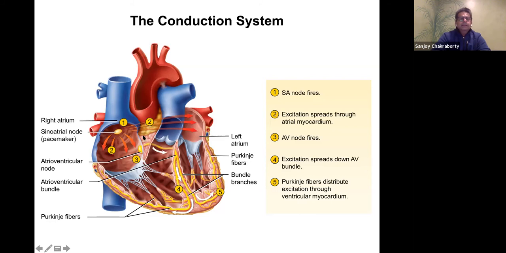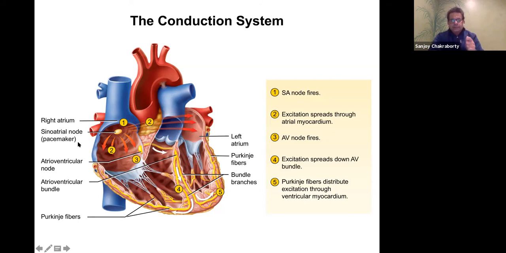Same thing here. They don't have to depend on the nerve because they can produce their own signal. The SA node produces the maximum number of signals per minute compared to the AV node and the Purkinje fibers. That is why the SA node sets up the rhythm of the heart, and it is known as the pacemaker cell.